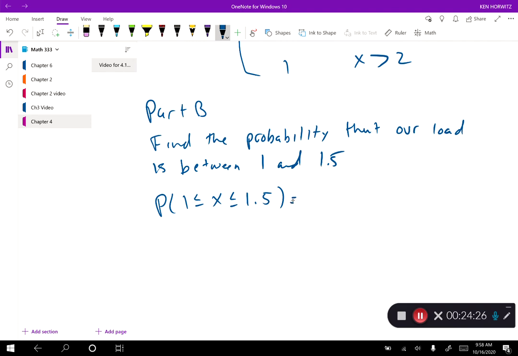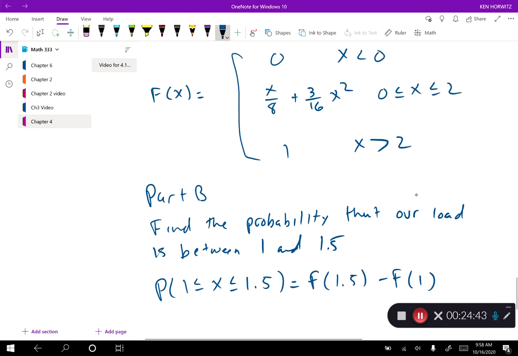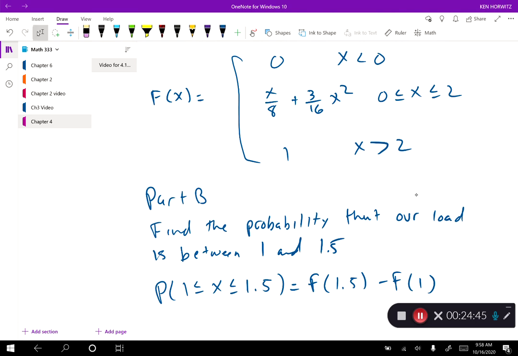So it's just a matter of executing the fundamental theorem of calculus, which would say do big F of 1.5 minus big F of 1. So why don't you pause the video? I'll scroll down just a little bit so you can see the function. And why don't you execute the first fundamental theorem of calculus, and I'll get you the answer on the back end.